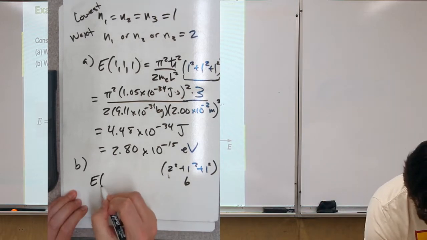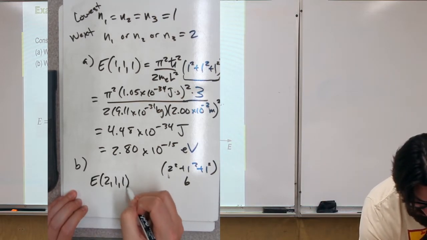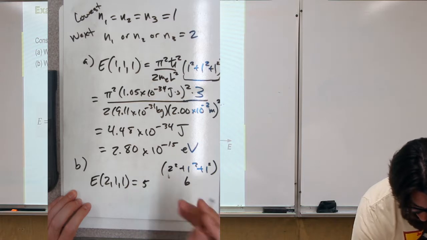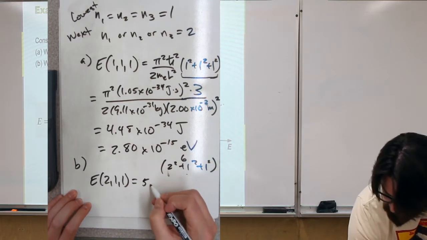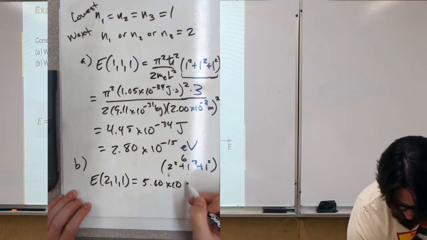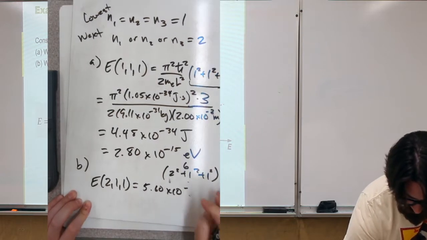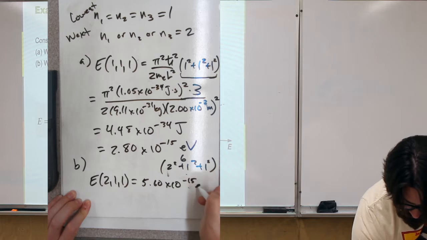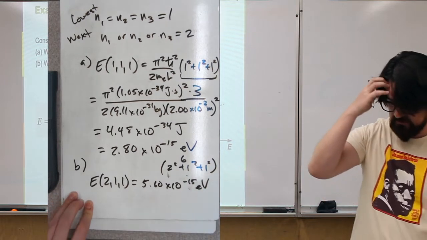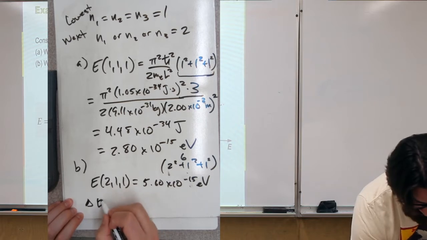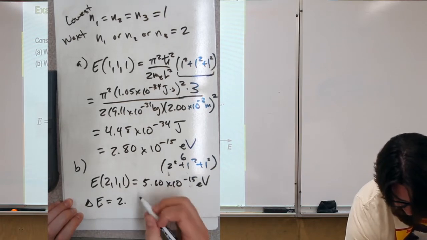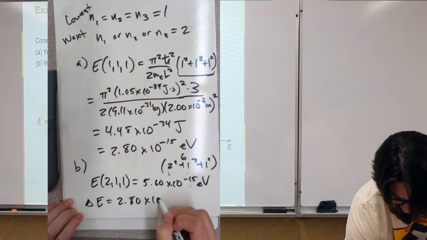So the energy, if we let one of those integers increase, turns out to be 5.60 times 10 to the minus 15 electron volts. It's still very tiny, and the difference in these is the same as the energy in the first state.